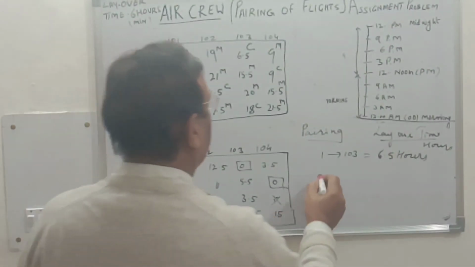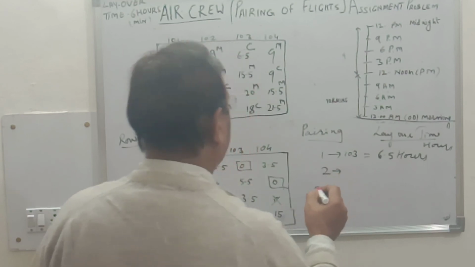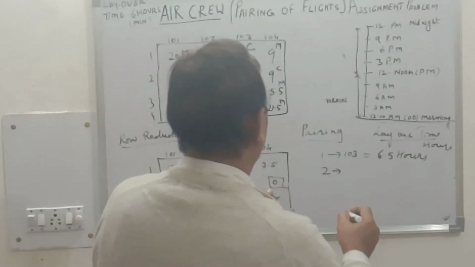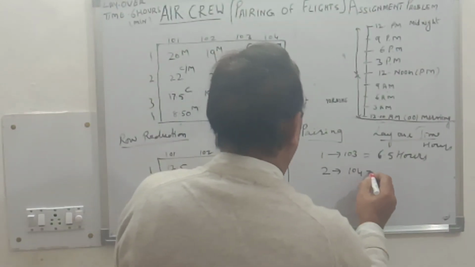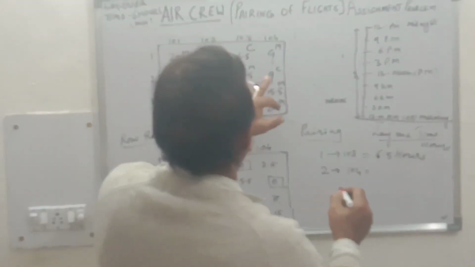Second flight, they should go by second flight and come back by 104, and minimum layover time will be 9 hours.